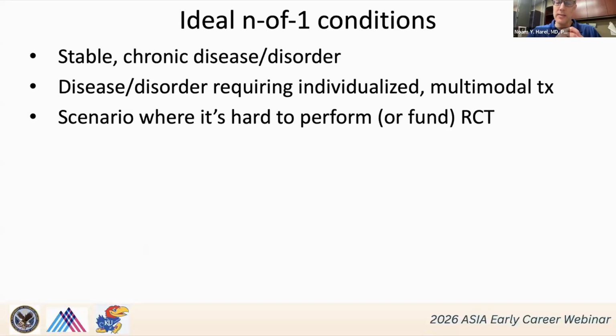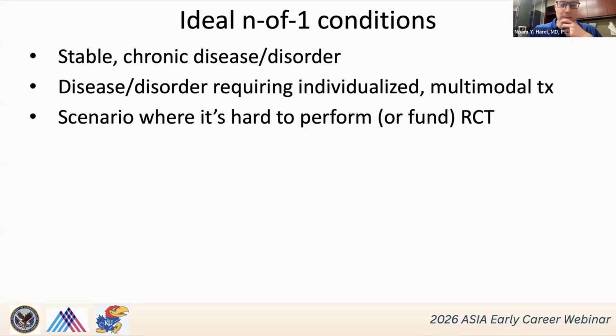So you need a stable condition. It's really useful when a condition requires individualized and multimodal treatment. And it's also really helpful when you're having trouble getting larger randomized control trials funded.